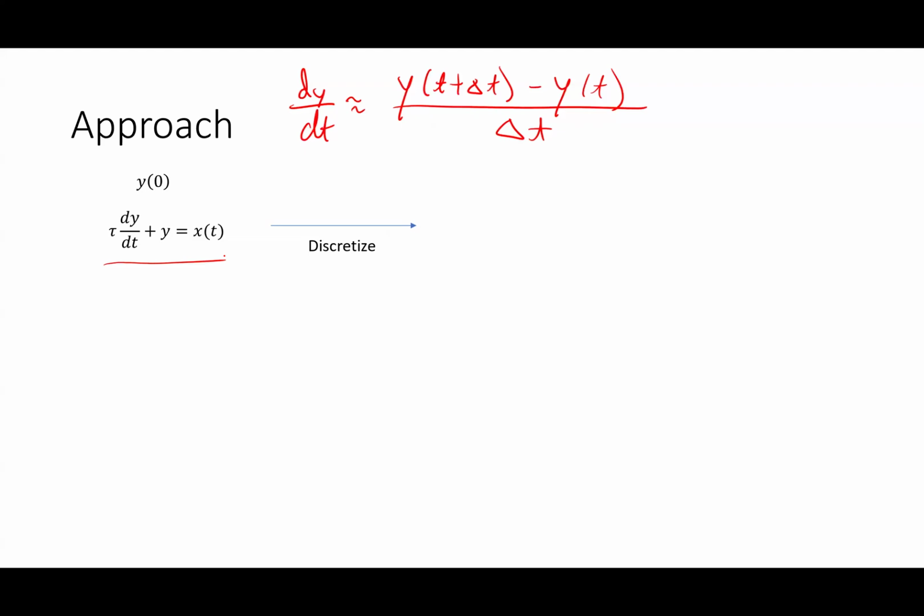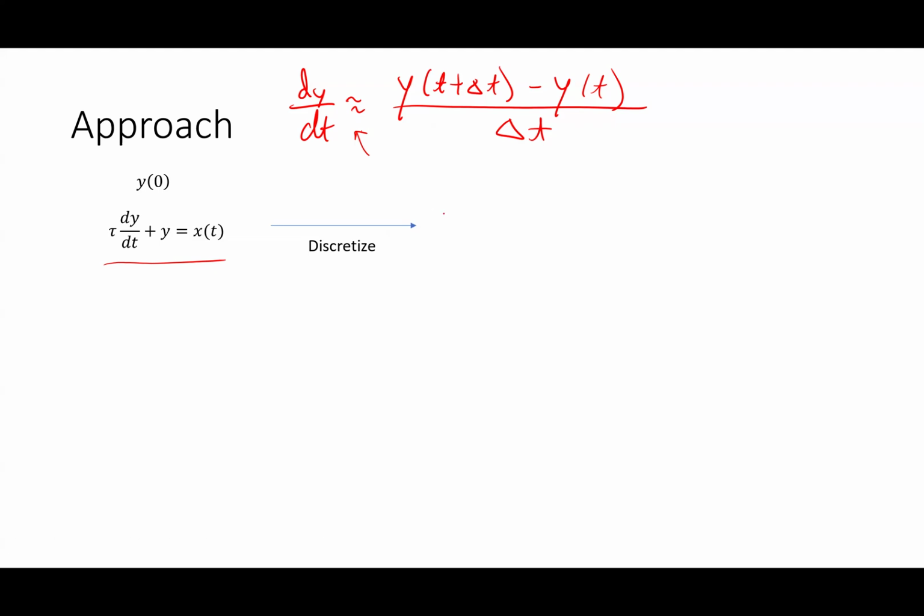This is what I call discretizing it, converting it into discrete time. Using, let's say I make the assumption that this approximate is equal to exactly. That it was exactly, dy by dt was exactly that expression. That's the case, how can I rewrite this?